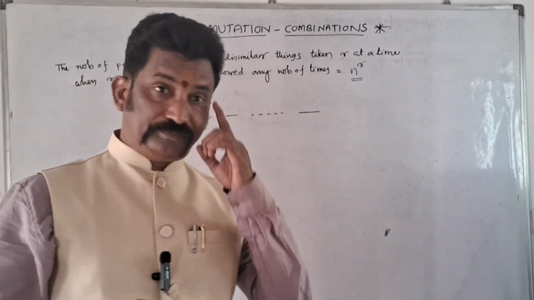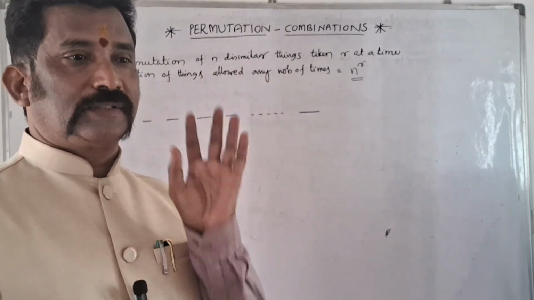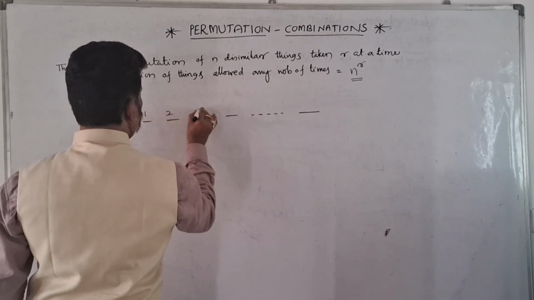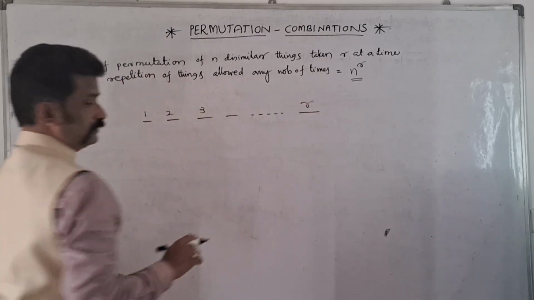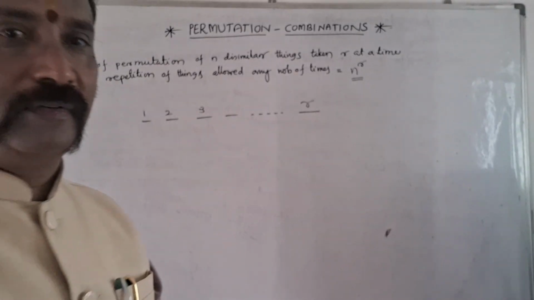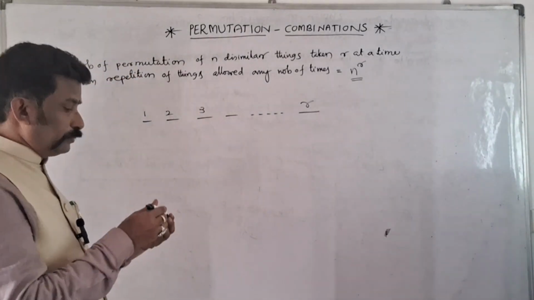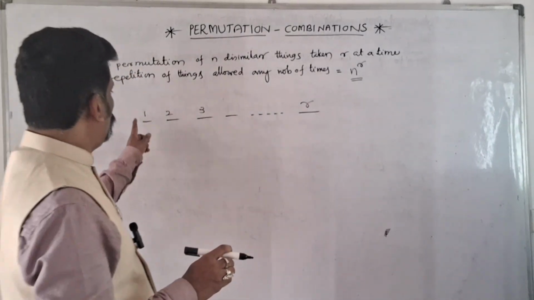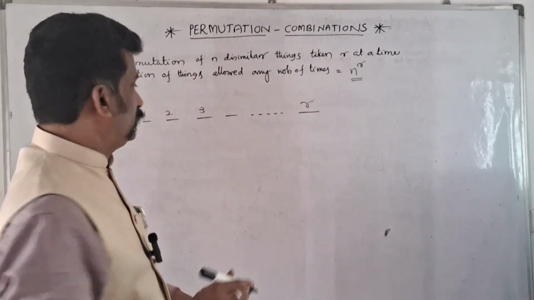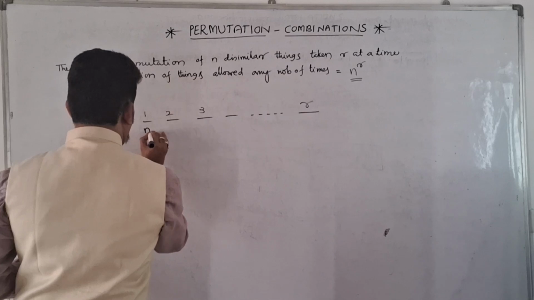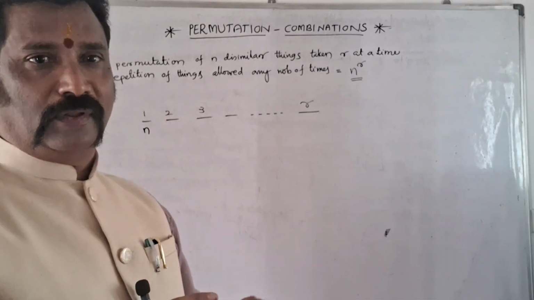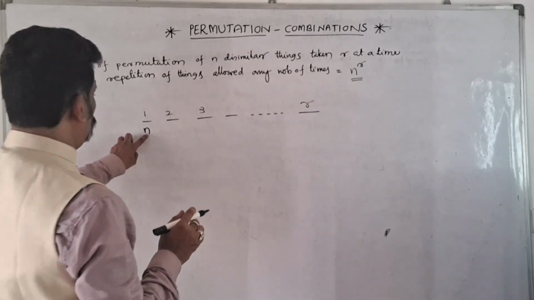For example, r places are given, like this: 1, 2, 3 and so on, r places. n objects given, r places given. The first place can be occupied by any one of the n objects.